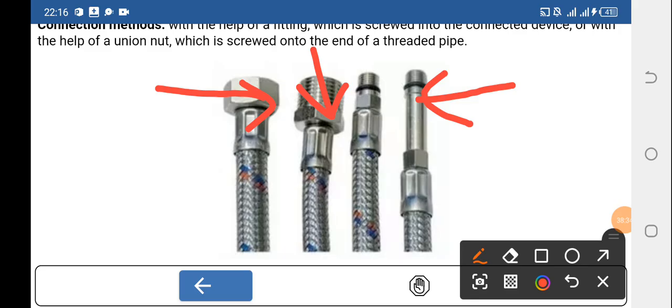These two are for a mixer tap, the tap that can supply both cold and hot water. But this one is an adapter or male. If the connection is female, then you have to use this one, which is common as well.